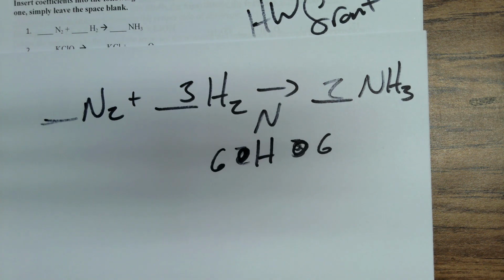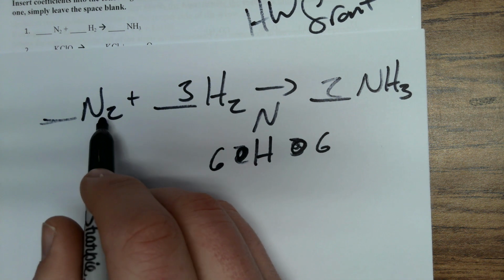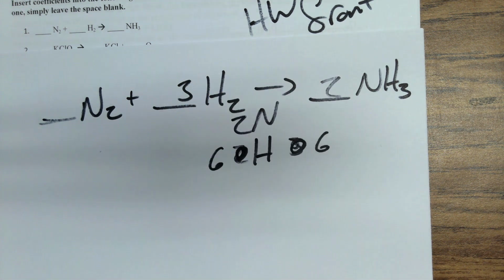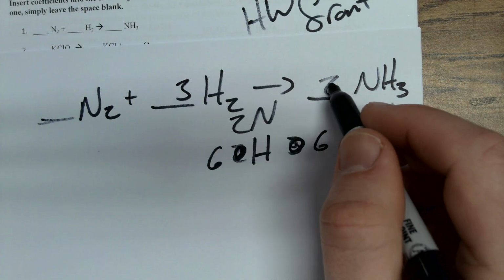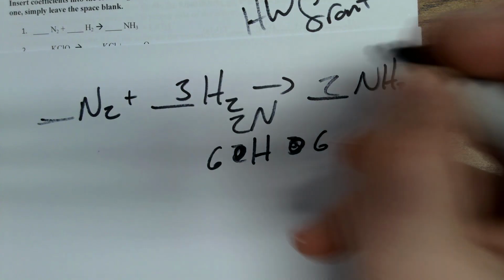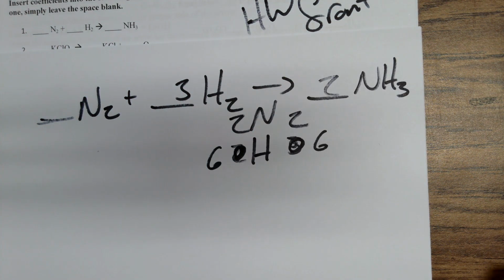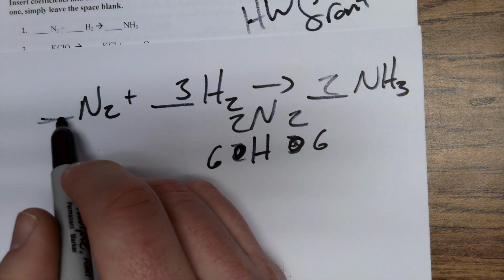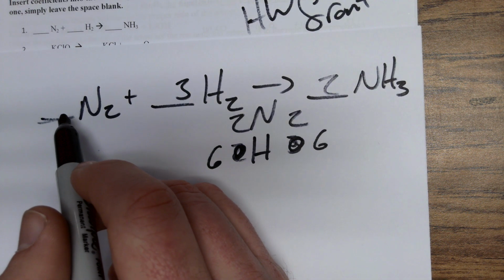Now, I look at nitrogen. I currently see N2, so it means I have 2 nitrogens already. 2 times 1 nitrogen is 2. Is my equation balanced? Do I need to put anything in front of the nitrogen gas?